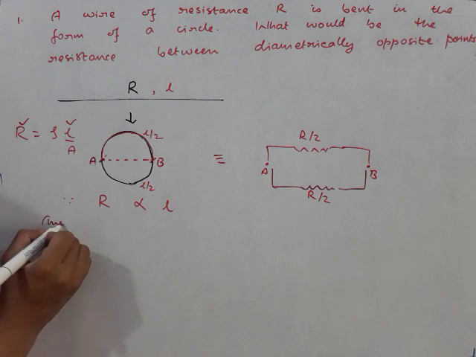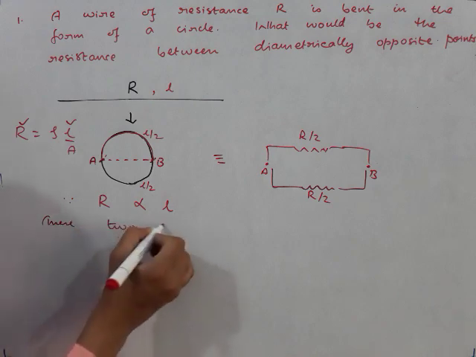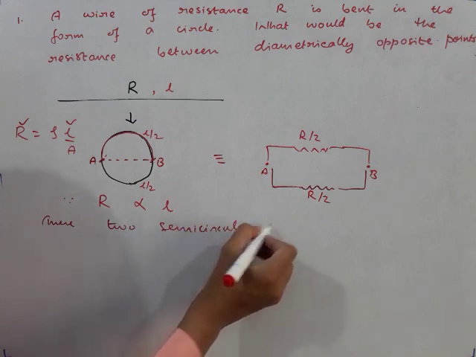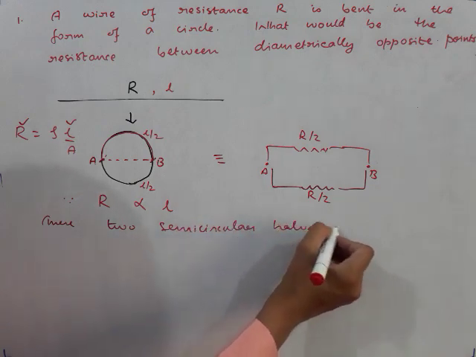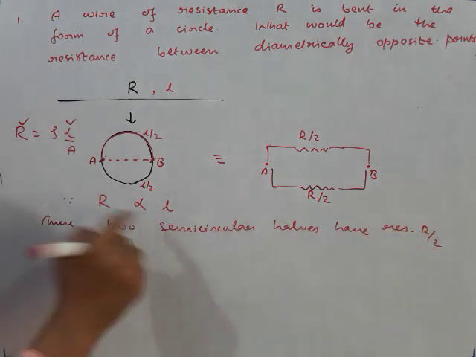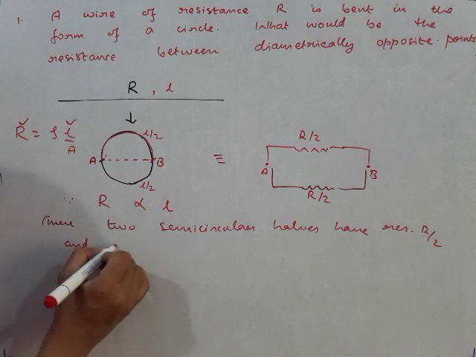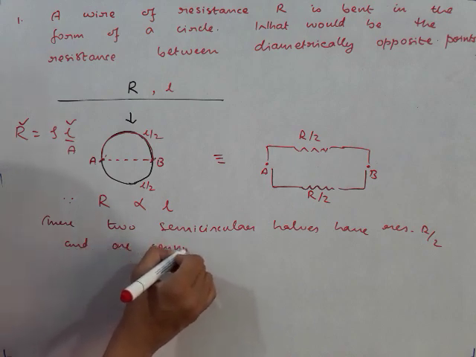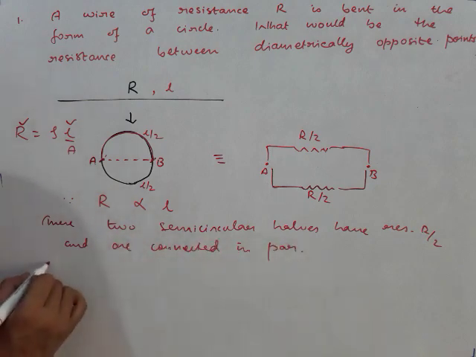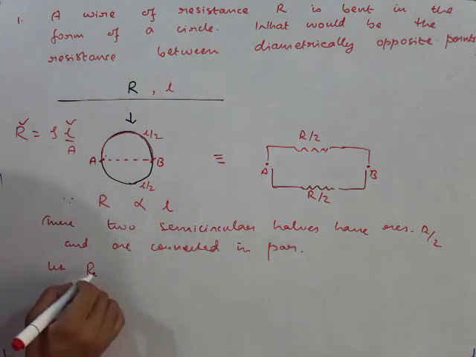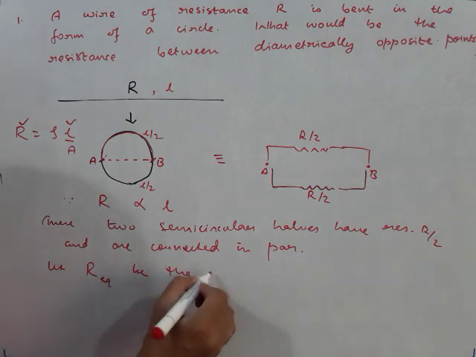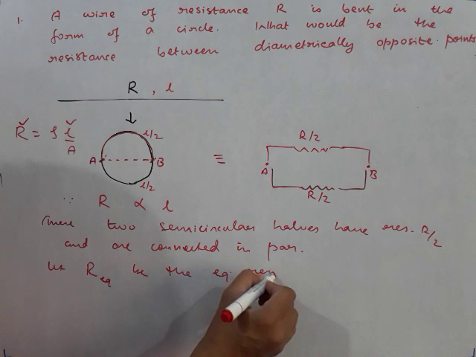So these two semicircular halves have resistance R by 2 each and are connected in parallel. Let R equivalent be the equivalent resistance.